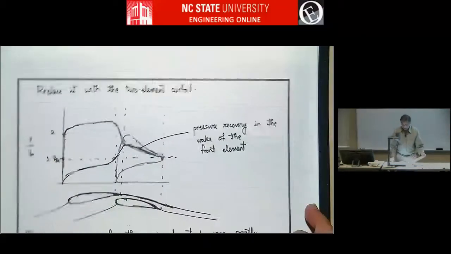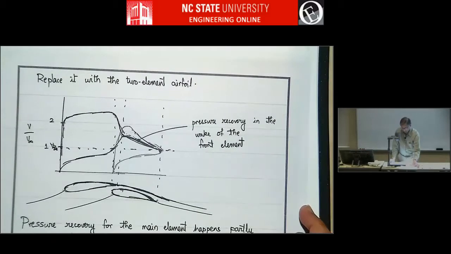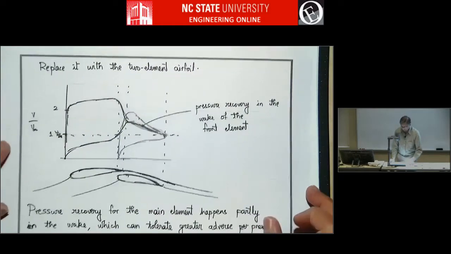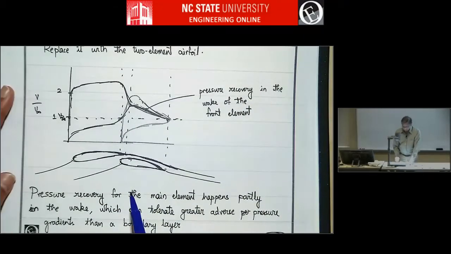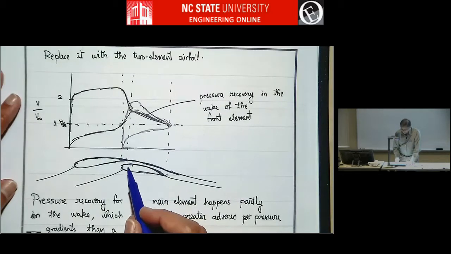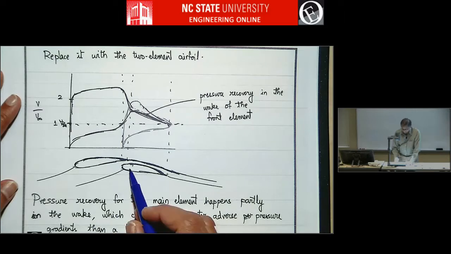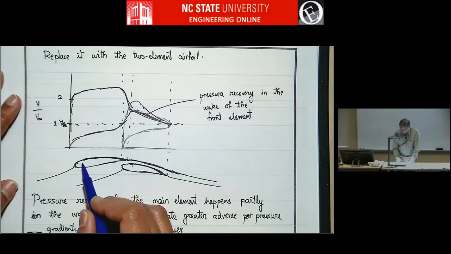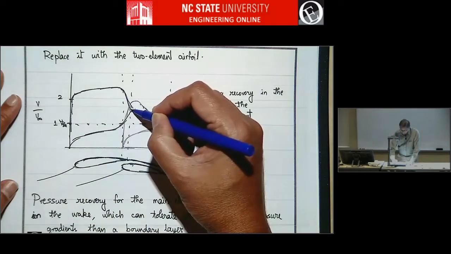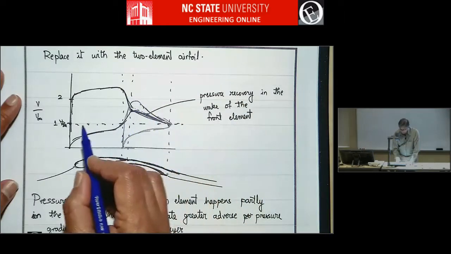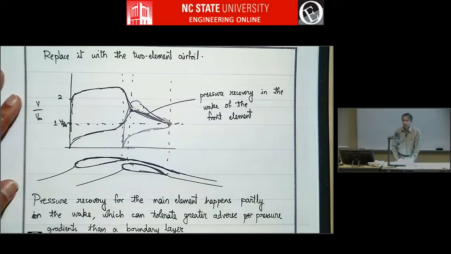the argument goes, and I think this is correct in practice too. It turns out, because of the circulation and dumping effect, the front element trailing edge velocity is not near 1, it is much higher than 1.